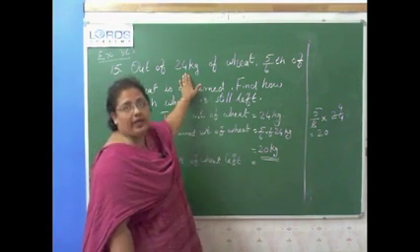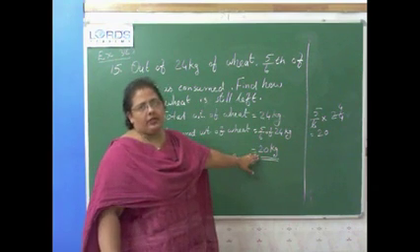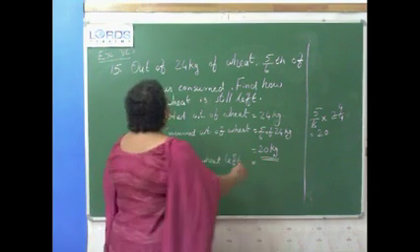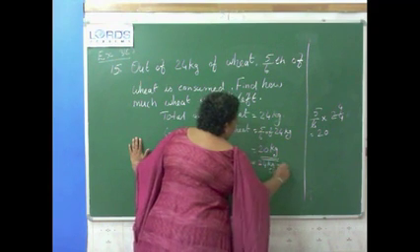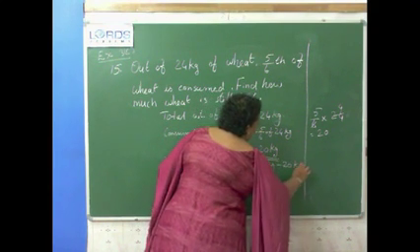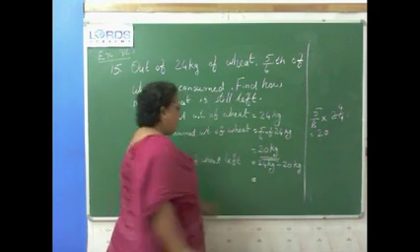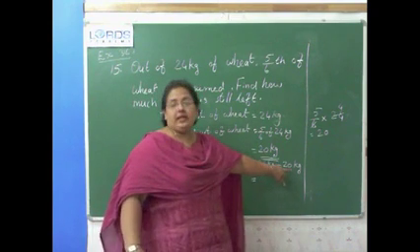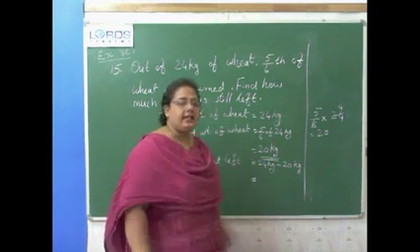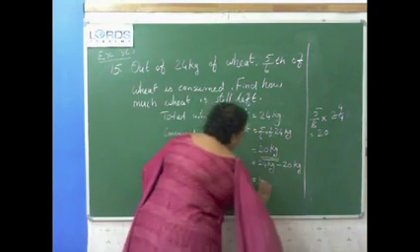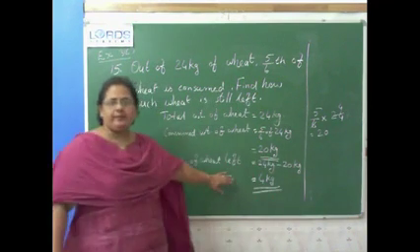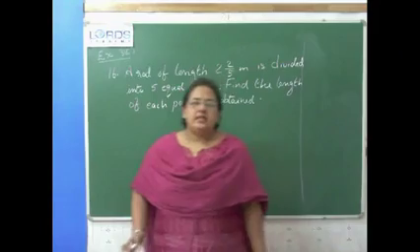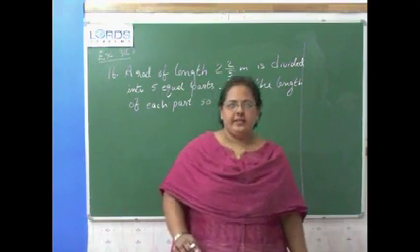From the total weight you have to subtract what has been consumed, that is 24 kilograms minus 20 kilograms. 24 minus 20 is 4 kilograms. So, the answer you got is 4 kilograms. Clear? Okay. 16th question.